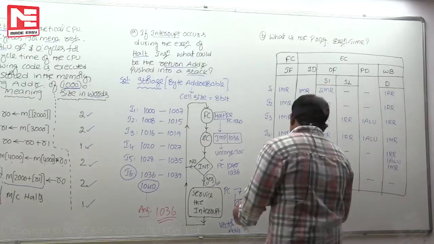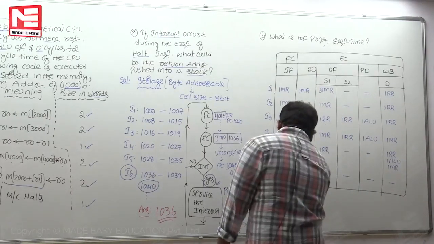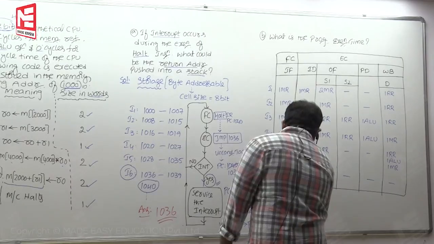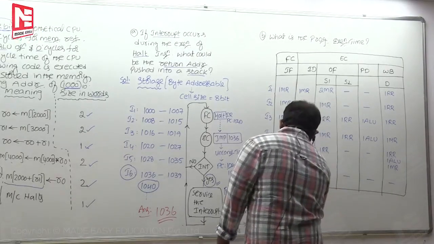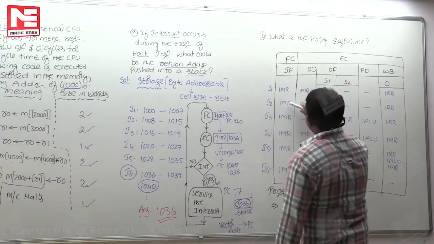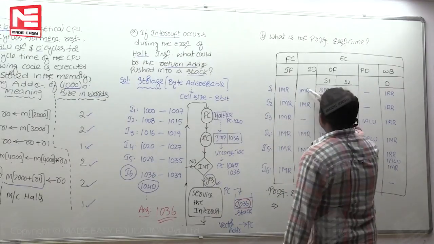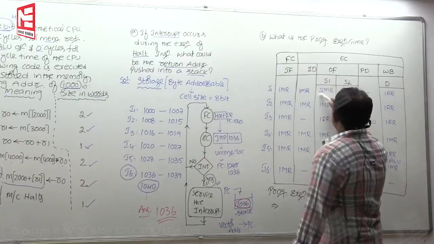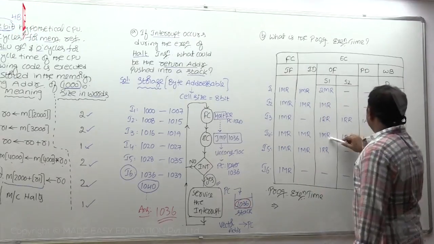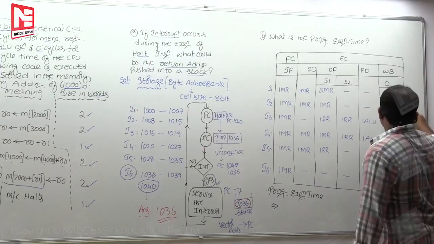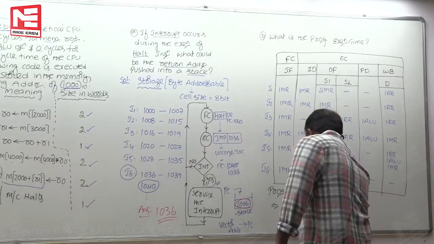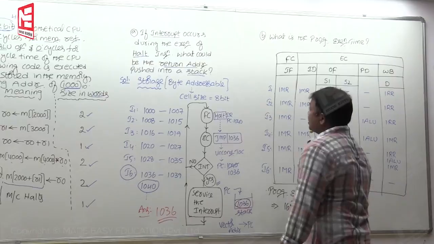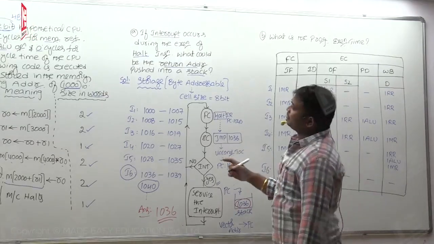Now we need to find out the program execution time. Program execution time is equal to how many memory references? 1, 2, 3, 4, 5, 6, 7, 8, 9, 10, 12, 13, 14, 15, 16. 16 memory references into how many cycles for the memory reference?